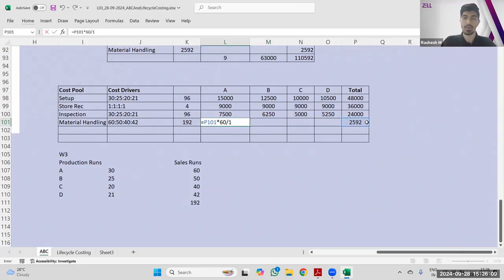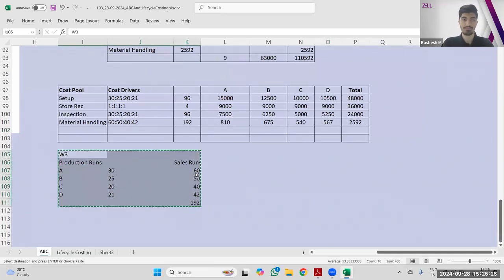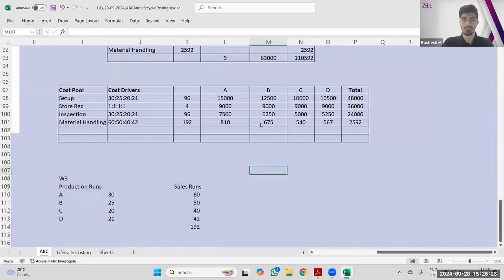So 60 divided by 192, 50 divided by 192, 40 divided by 192, and 42 divided by 192. Those are your costs. Yep.